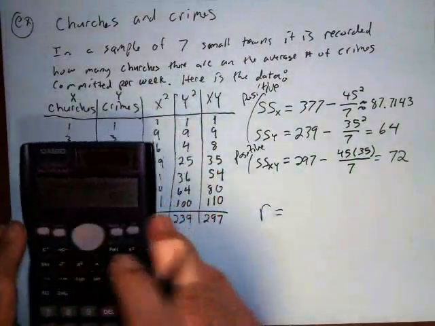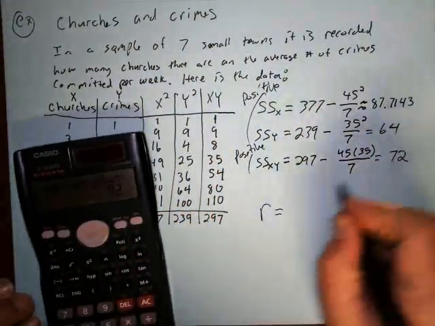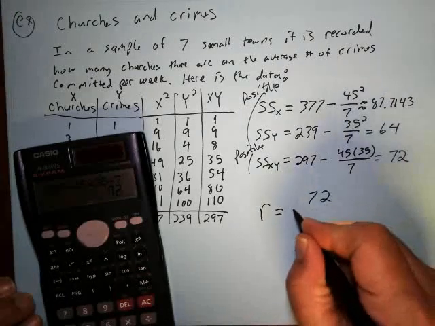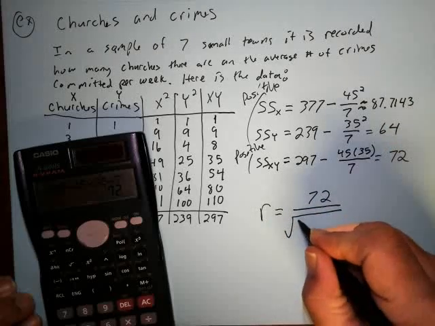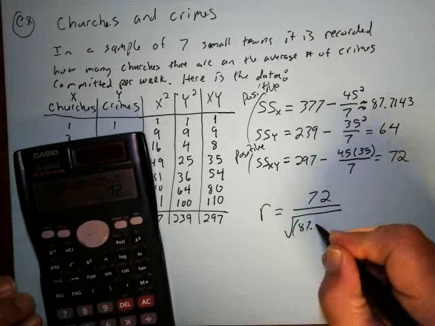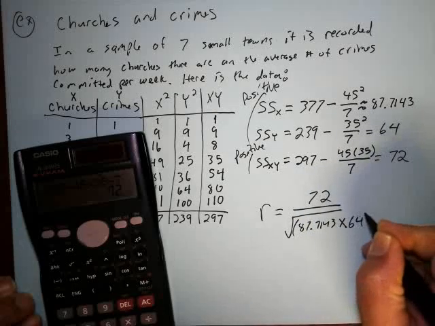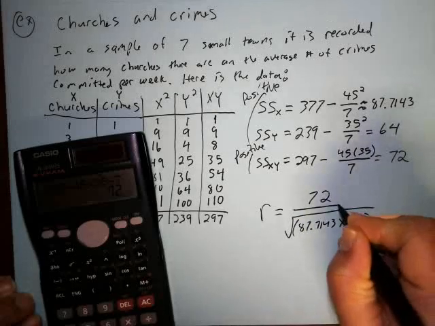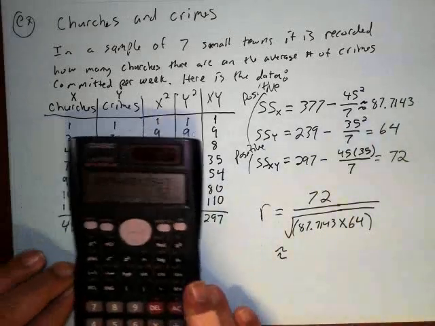And so R is going to be the 72 on top, divided by the square root of 87.7143 times 64. Okay, so let's see what we get.